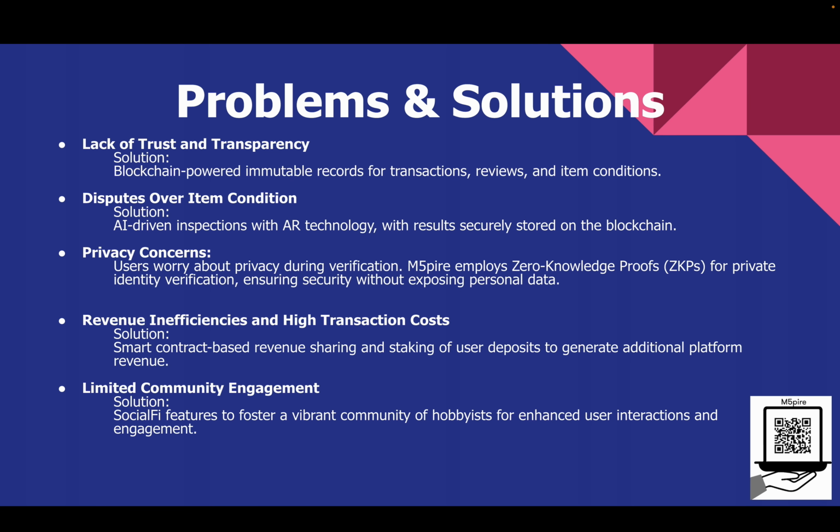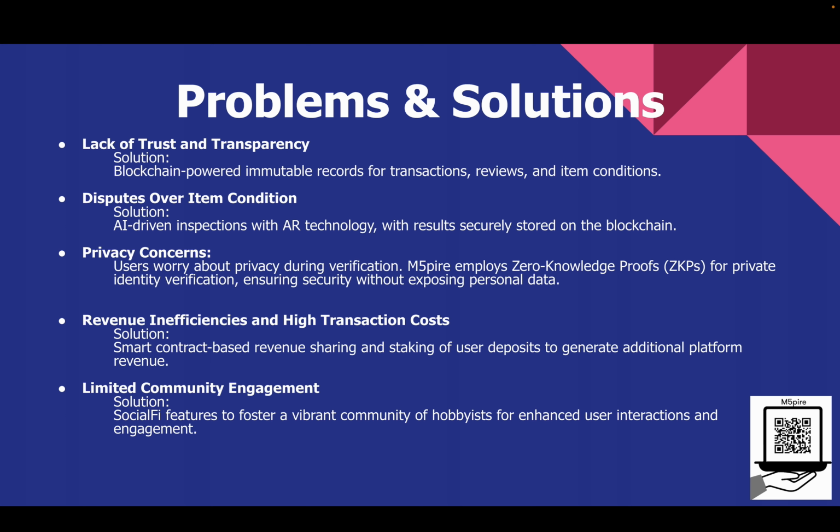We noticed there's no other app that does rental equipment, so we'll be the first one to create an app like this. With being the first comer, we'll also have to face some problems. For example, lack of trust and transparency, disputes over item condition, privacy concerns, revenue inefficiencies and high transaction costs, and limited community engagement.